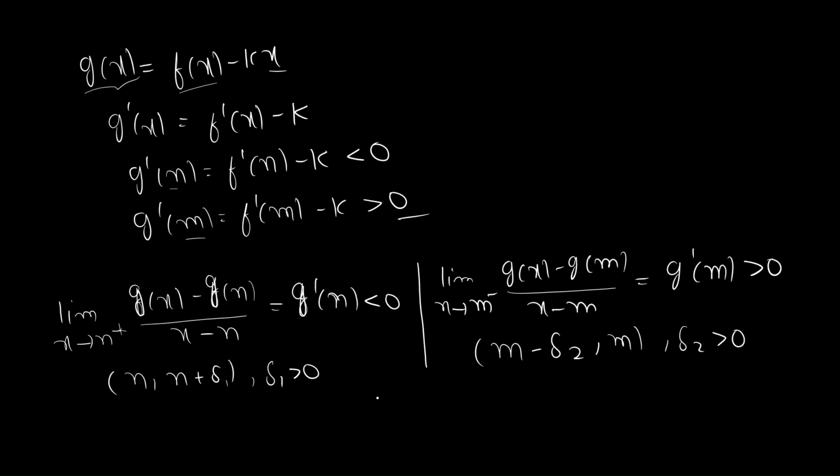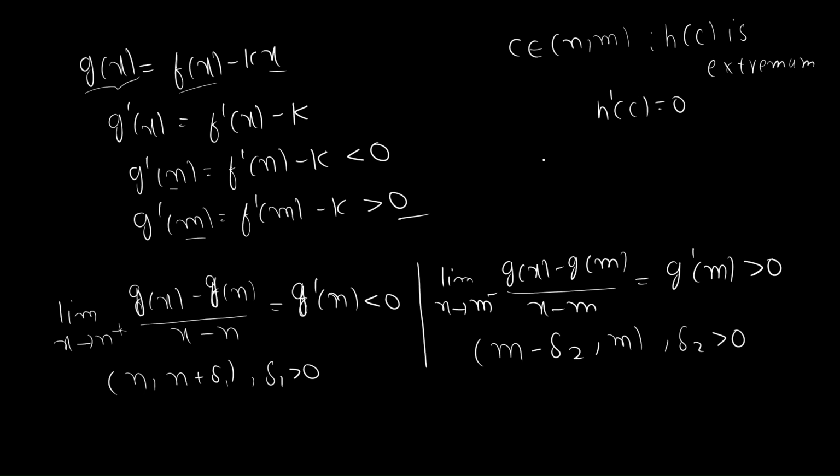From these both equations, we can infer that the extreme point will strictly lie in between n and m. Let's say the point is c. c belongs to n comma m, such that g of c is extreme. And now Fermat theorem guarantees that at this point, since g of c is an extremum, the derivative must be 0.